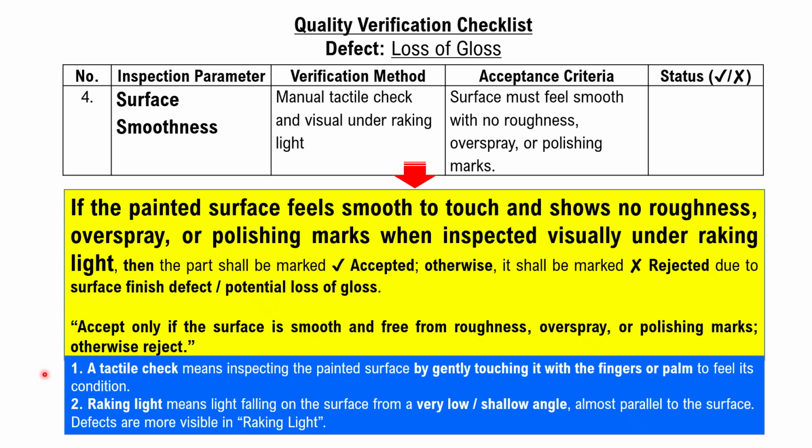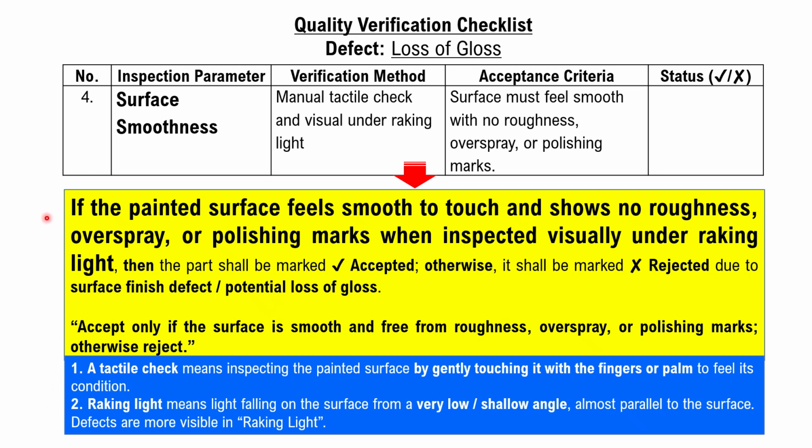Tactile check means inspecting the painted surface by gently touching it with the fingers or palm to feel its condition. And raking light means light falling on the surface from a very low, shallow angle, almost parallel to the surface. Defects are more visible in raking light. That is the objective.